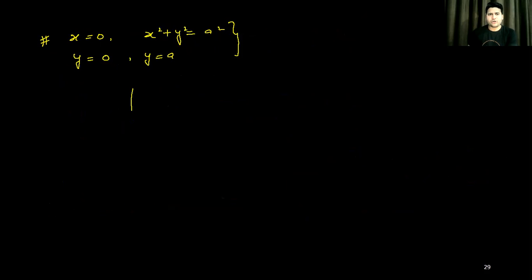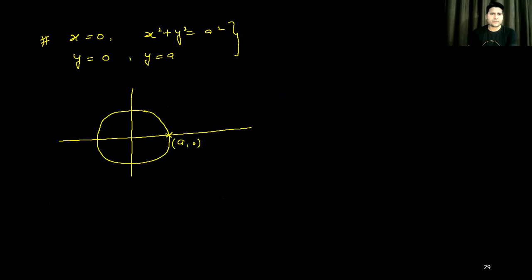Let us try to draw it. First of all, a circle. I draw a circle in the xy plane whose radius is a, so this point is (a, 0). x equals 0 is the y-axis, that is, this line is x equals 0. y equals 0 is this line, and y equals a is this line.